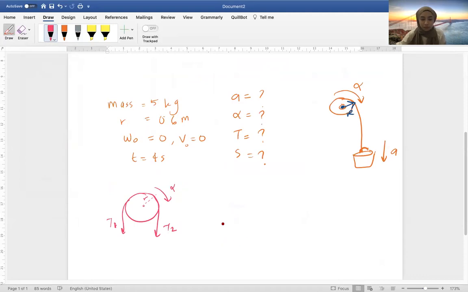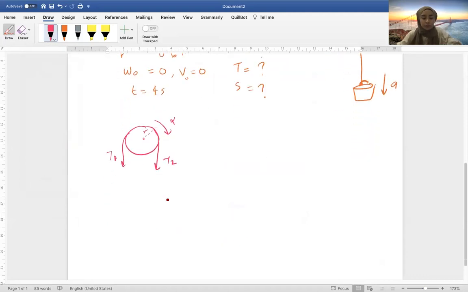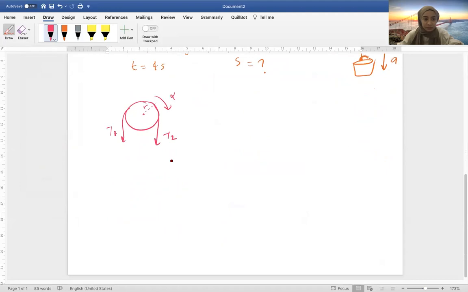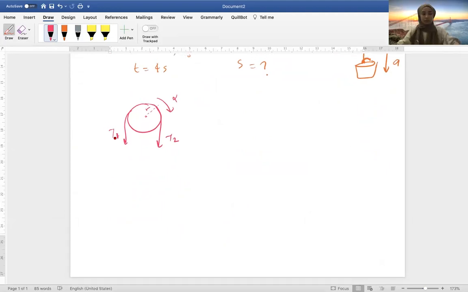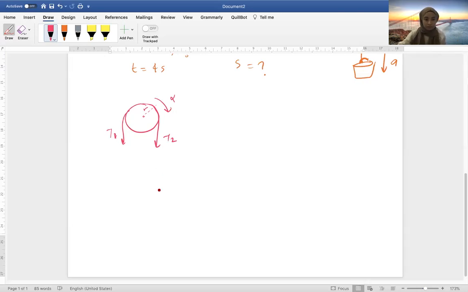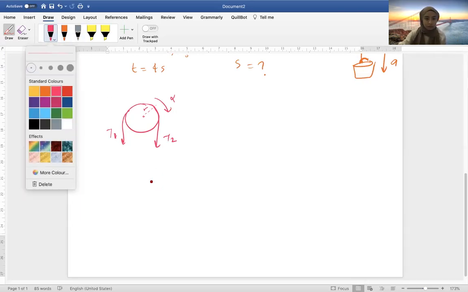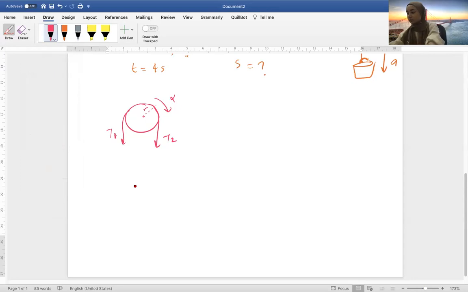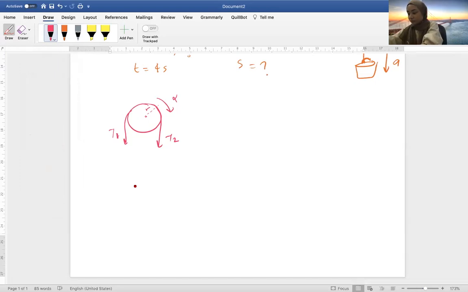Okay, so and then Humaira drew the bucket's free body diagram. Allah, kenapa tak boleh detect lagi? Hello. Okay, give me a minute.